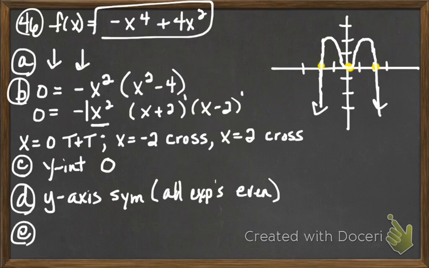We know they go up the same amount because the graph is the same on the left as it is on the right because it has y-axis symmetry. So this time you only have to pick one value. What could I pick? I could pick 1 or I could pick -1. It won't matter. I should get the same values here.